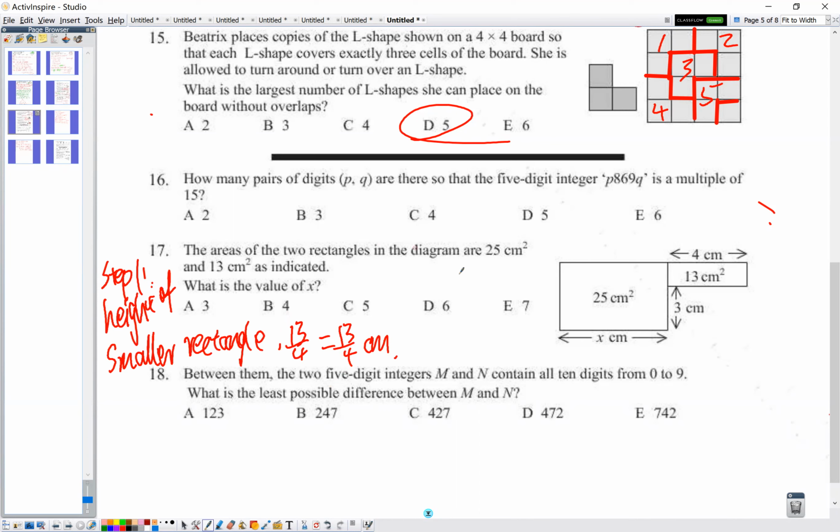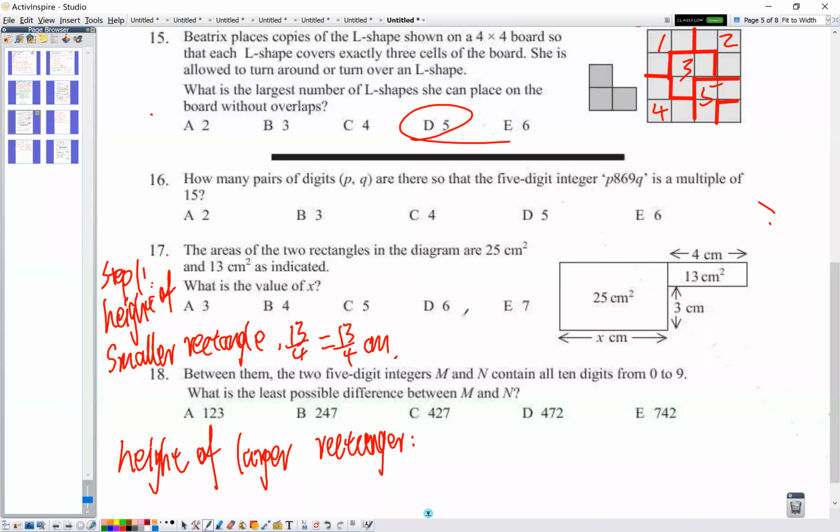The height of the largest rectangle is that we have to add them together, isn't it? Add them up.